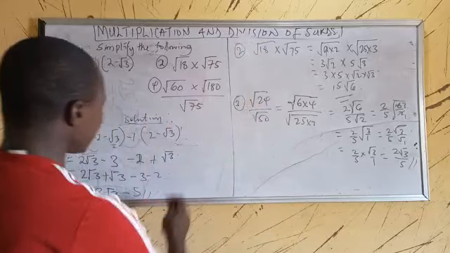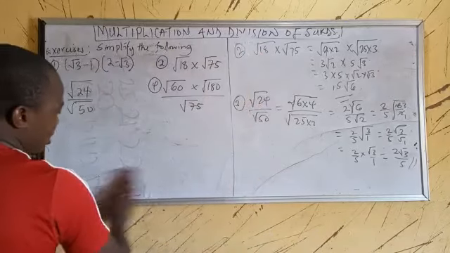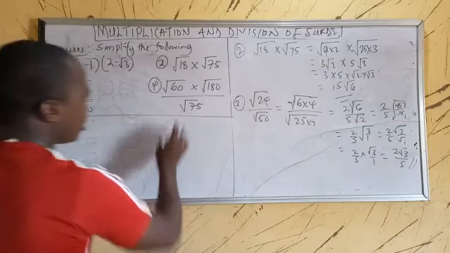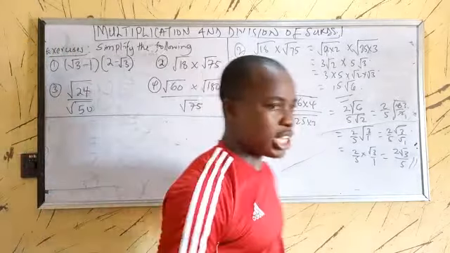Then finally, let's look at the final question. You also need to simplify this one. You make sure all these big numbers, you take them to their basic form.